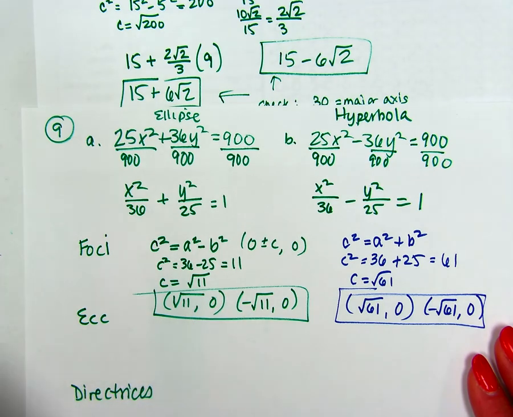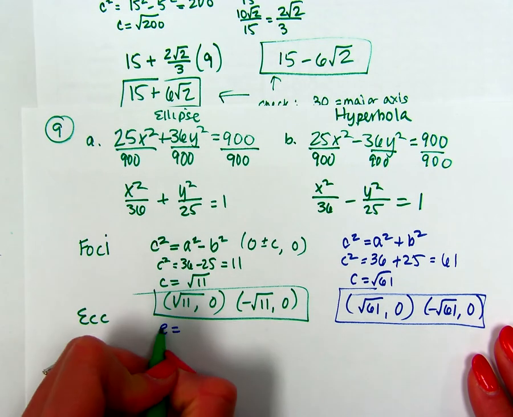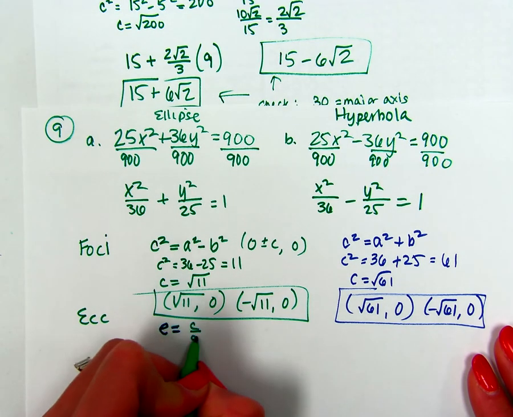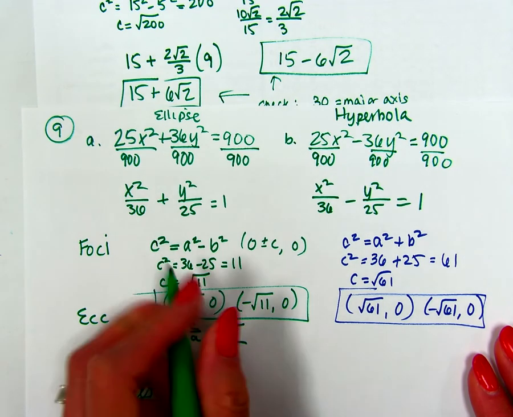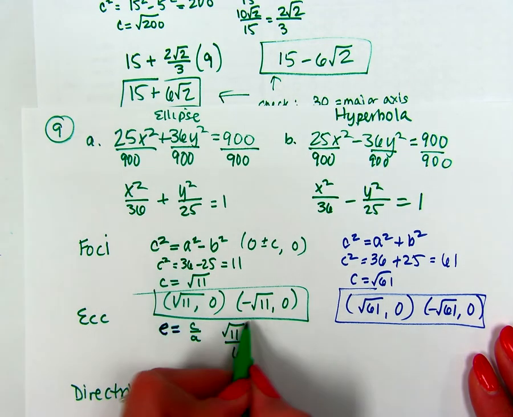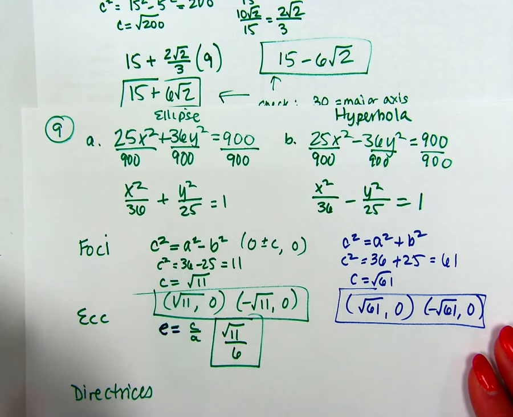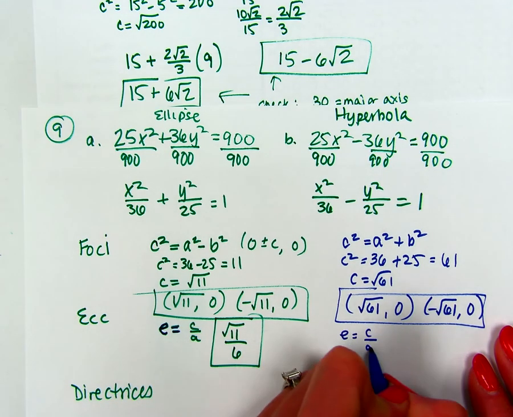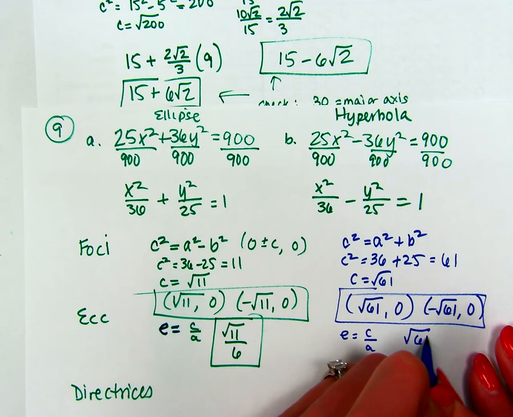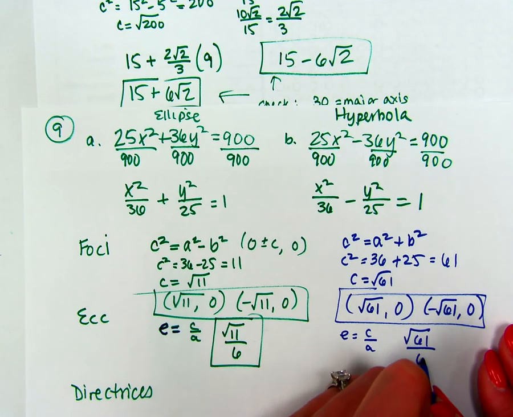My eccentricity is always going to be c over a. So in this case, we've got root 11 over a, not 36, but just 6. In this one, we're going to use c over a as well, but this time c is root 61 over a, which is 6.